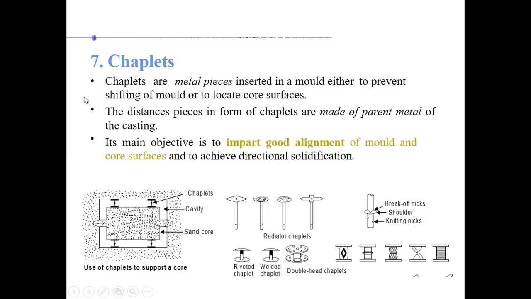Its main objective is to impart good alignment of mold and core surfaces and to achieve directional solidification, right? Alignment of the mold and even the core surfaces, and to achieve directional solidification also, because once you have kept those chaplets, they will also act as a heat taking component, isn't it? Because to be able to melt those chaplets, it requires energy. And where do you get the energy? From the molten metal. And if the molten metal gives it the energy, the temperature goes down.